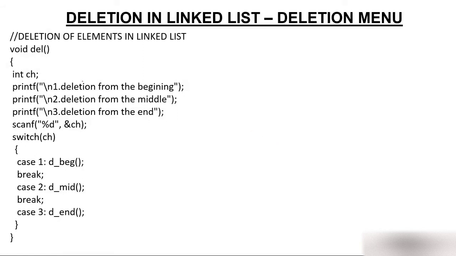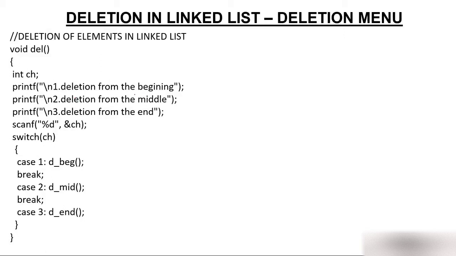Now when you come to the del function, again in del you have different options. Like when you go to a restaurant and ask for chicken, you have different options: you want fried chicken, baked chicken, roasted chicken, gravy chicken, whatever you want.